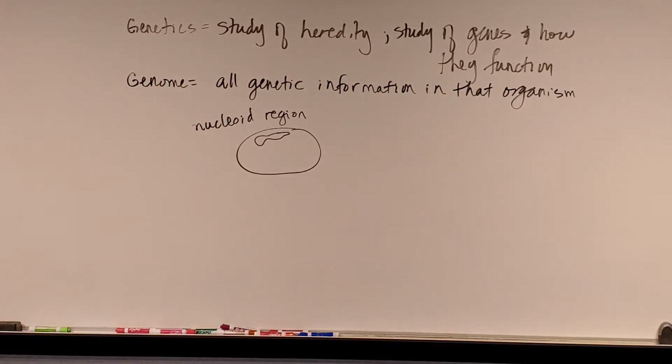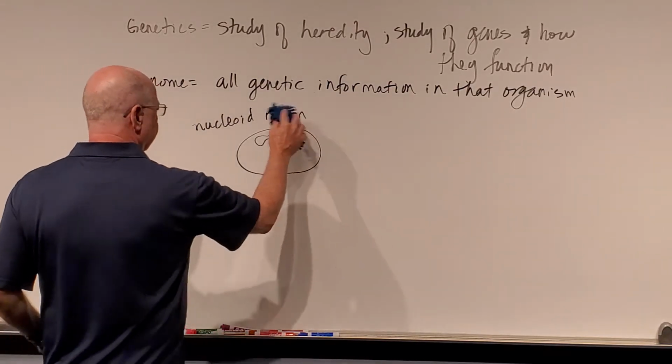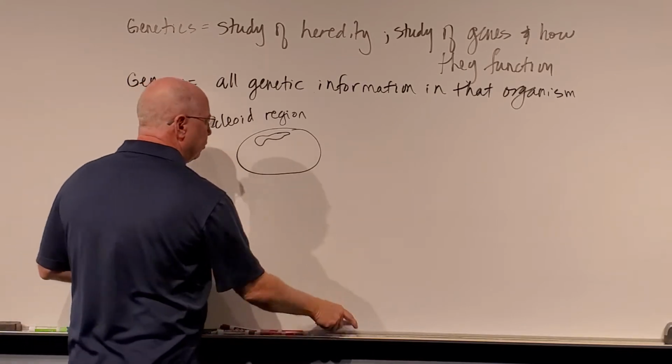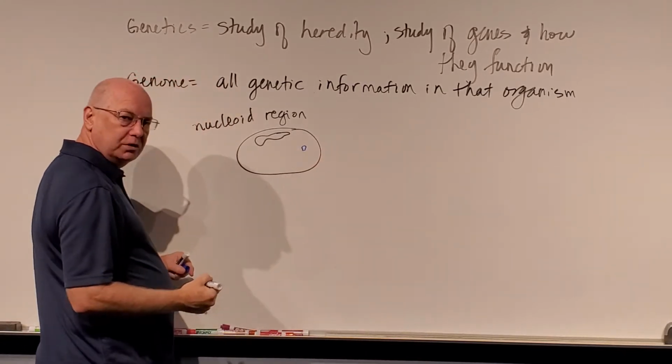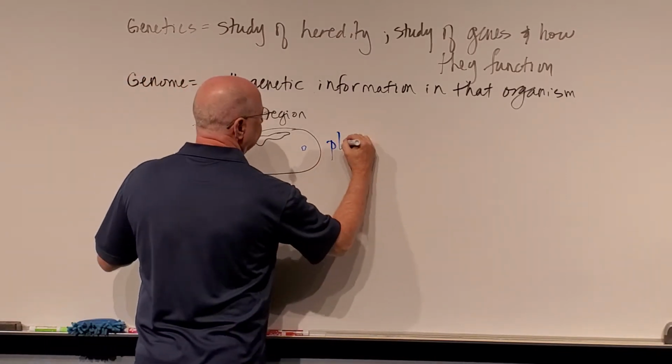Now, when we talk about bacteria, one of the things that we know is that bacteria can have one or more pieces of DNA outside the chromosome. Hence the term extrachromosomal. Extra always means outside of. And so outside the nucleoid region, or where the chromosome is, bacteria can also sometimes have another small circular piece of DNA called a plasmid.